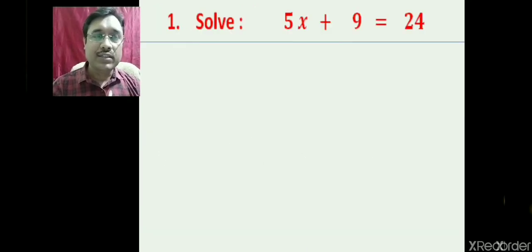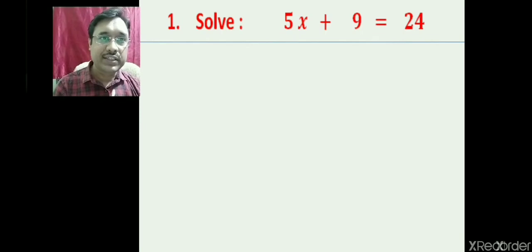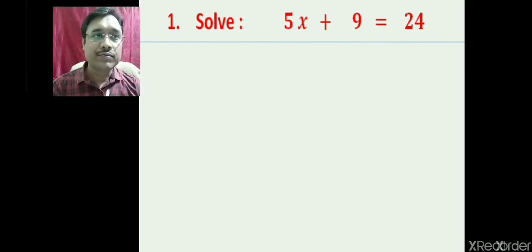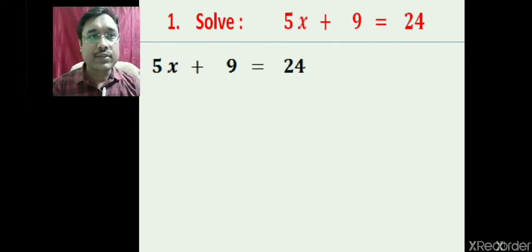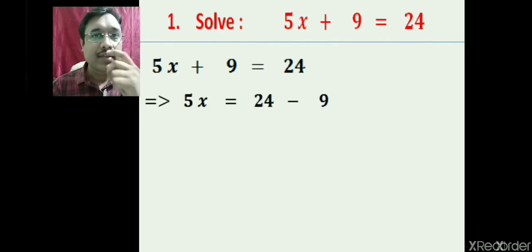Now solve these questions. For example, to understand this transposition, 5x plus 9 equals 24. So we will write first that the equation given is 5x plus 9 equals 24. Then we can write 5x equals 24 minus 9.